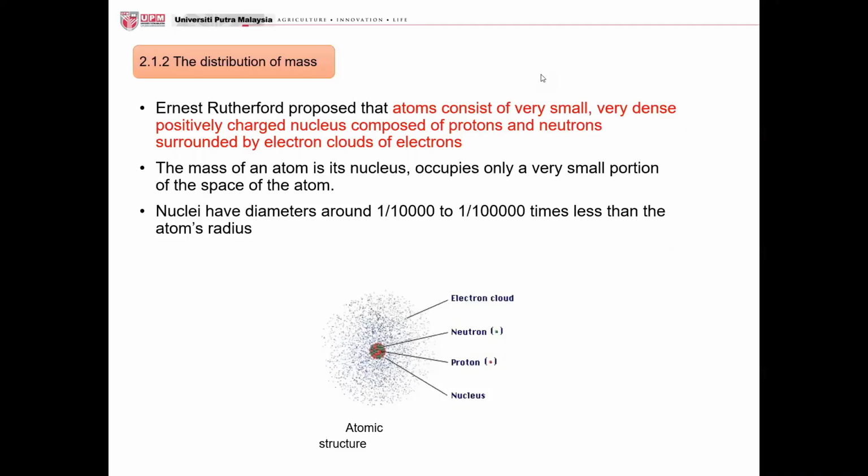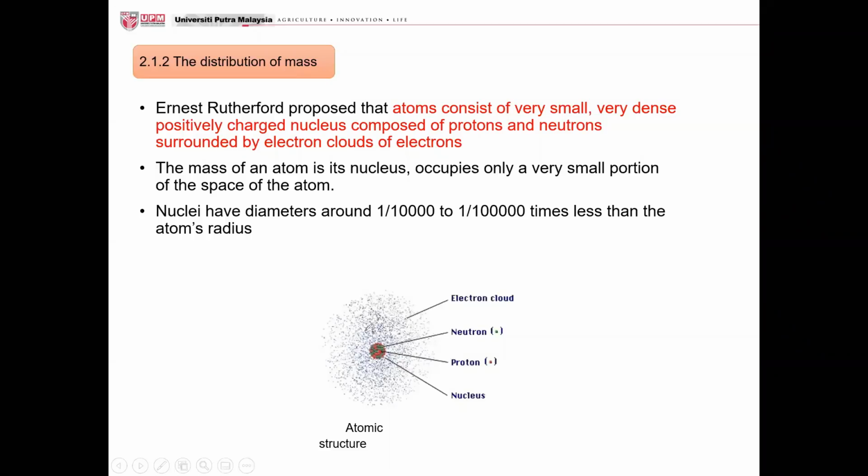The nucleus occupies only a very small portion of the space of the atom. Nuclei have a diameter around 1 over 10,000 to 1 over 100,000 times less than the atom's radius. So here is the figure of atomic structure.